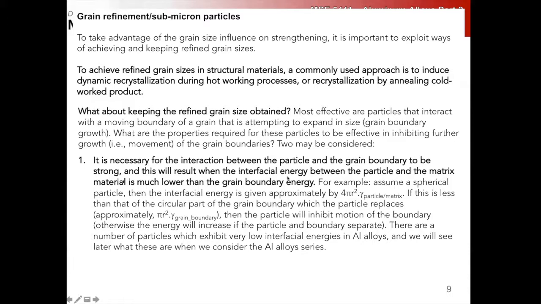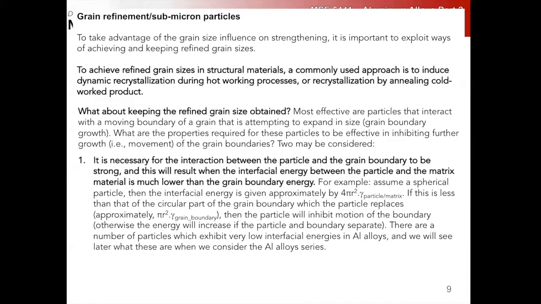We want the interfacial energy between the particle and the matrix to be lower than the grain boundary energy. If I have a high energy grain boundary, and now I connect it with a particle, and the interfacial energy is lower than the grain boundary energy, I've now lowered the energy of my grain boundary, and I need to exert a force on it to make it move again.